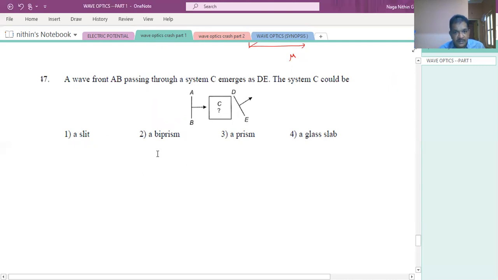What is this? Either slit or biprism or prism or glass slab. Slit will give a divergent beam.